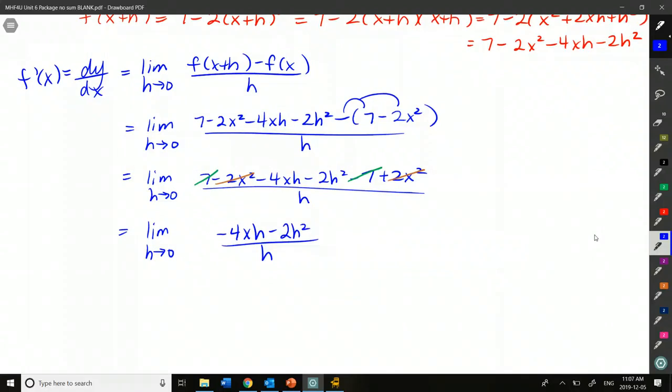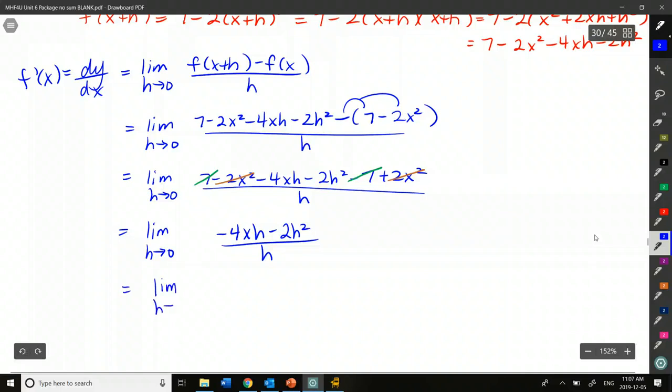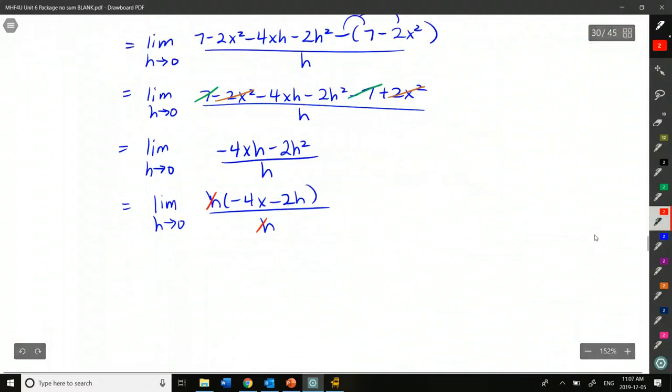Great, so if I enter in h equals 0 at this point, we're going to get indeterminate form. So what we're going to have to do here is first common factor an h out from the top. And now I'm going to be able to cancel out an h from the top and bottom.